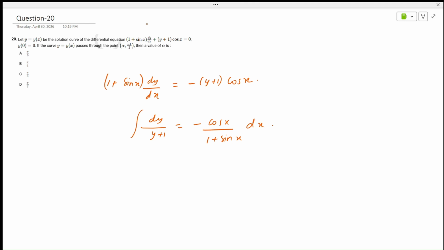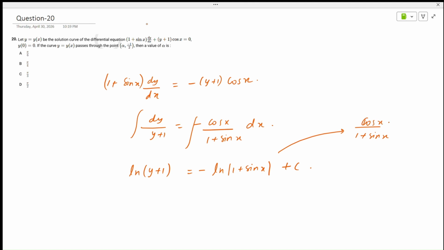If we integrate both sides, we'll get ln|y + 1| on the left, and on the right minus ln(1 + sin x) plus c, because the differentiation of ln(1 + sin x) is 1/(1 + sin x) times the differentiation of sin x, which is cos x.